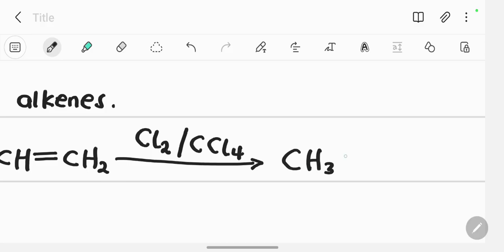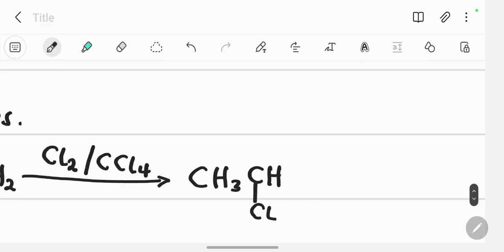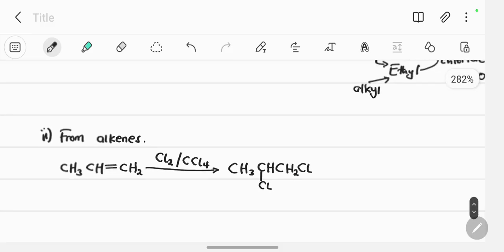You realize that we covered this reaction in alkenes. So the reaction in alkenes is acting as a laboratory preparation of a dihalide here. So I will not explain much there. We already know the concept. Then you can use that very reaction for bromine, and we have another reaction here.